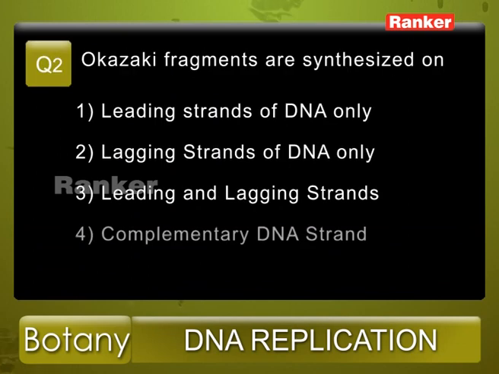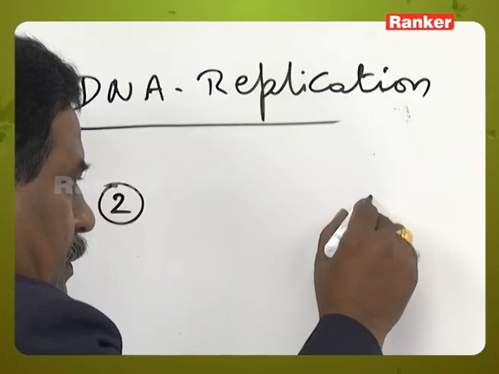Question number 2. Okazaki fragments are synthesized on: option 1, leading strands of DNA only; option 2, lagging strands of DNA only; option 3, both leading and lagging strands; and fourth, complementary DNA strand.